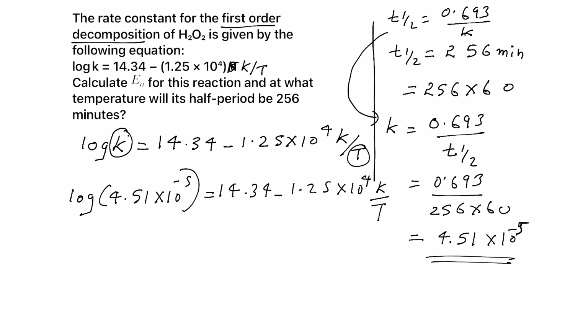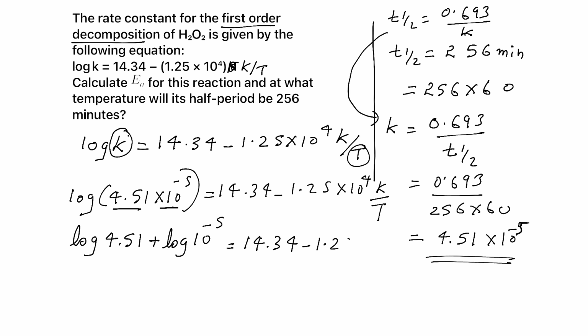Okay. See, if you check the LHS, you can see log AB. So what is log AB? I already explained you, right? That is log A, where A is 4.51, plus log B. What is log B? Log 10 raised to minus 5. Log AB is log A plus log B, which is equal to 14.34 minus 1.25 into 10 raised to 4 Kelvin by temperature.